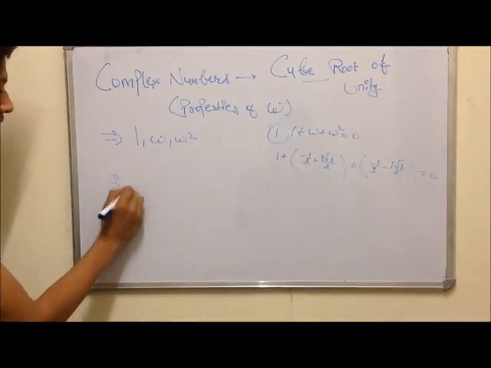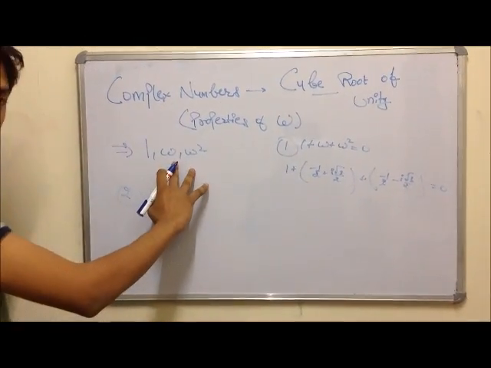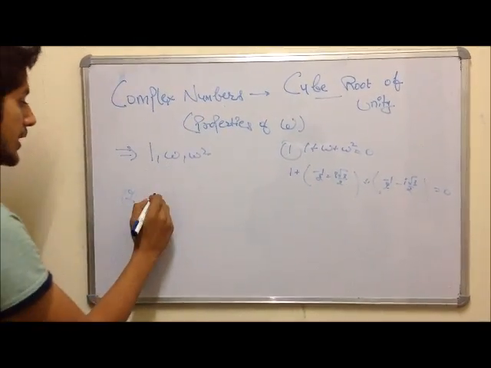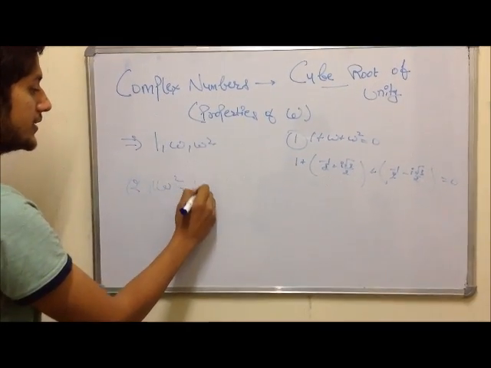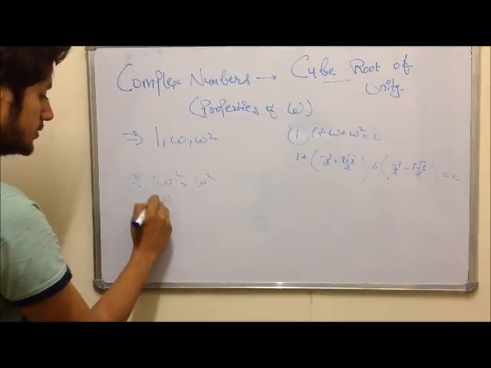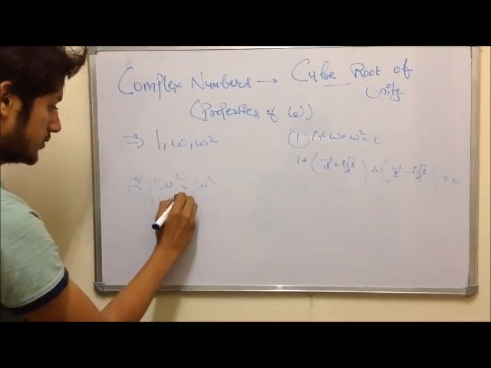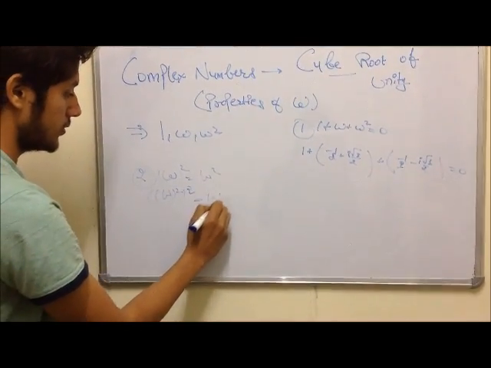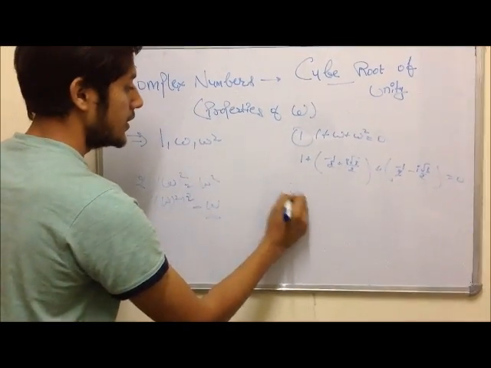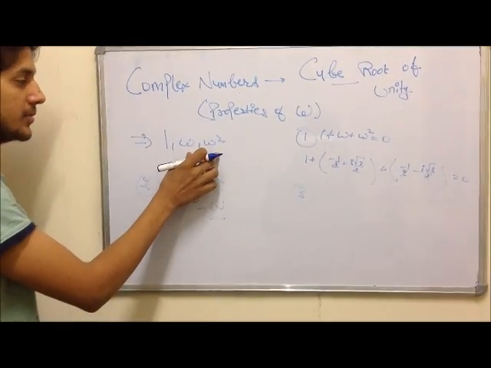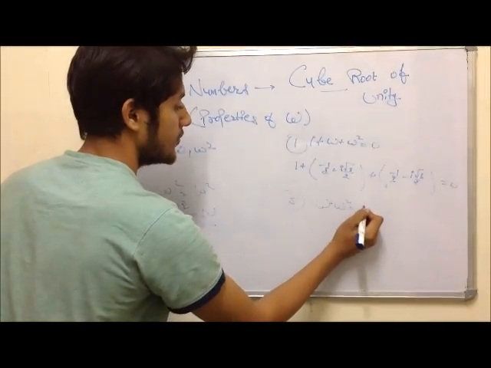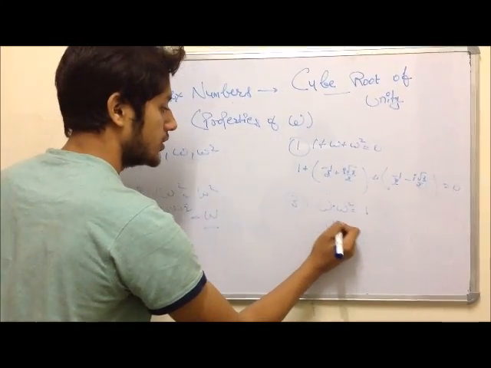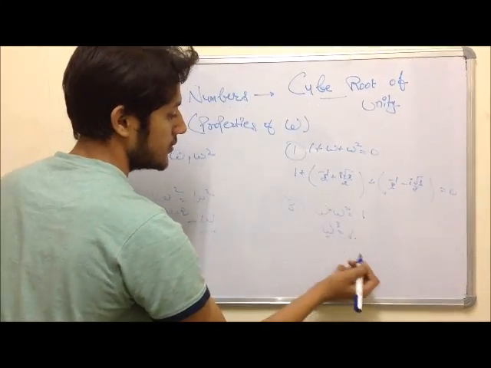The second property is already stated, that if we have two imaginary complex numbers as roots, then the square of one will result in the other. And the third property is if we multiply the two complex numbers omega and omega square, then this should result in 1, which is a standard form.